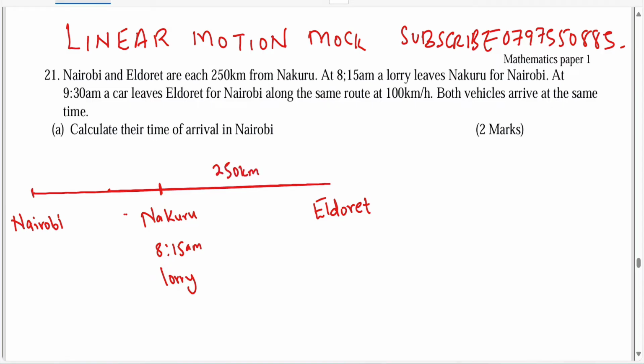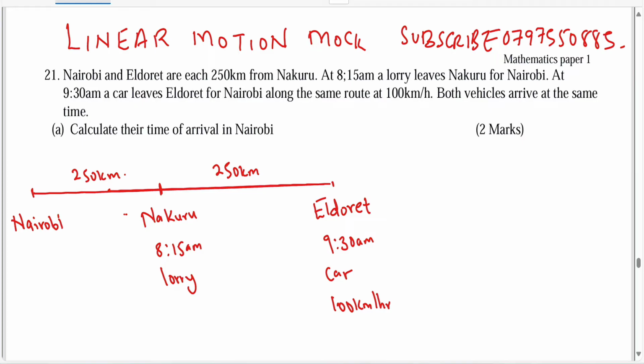So Eldoret is 250 kilometers away from Nakuru, and Nairobi is also 250 kilometers away from Nakuru. So Eldoret, there's a car that's leaving at 9:30 a.m. So this is the car. Along the same route at 100 kilometers per hour. So very easy question and very easy way of solving.